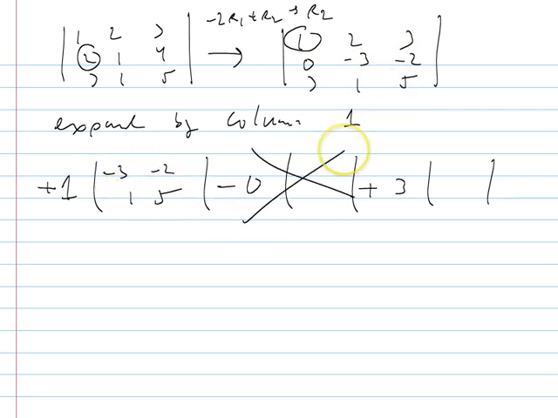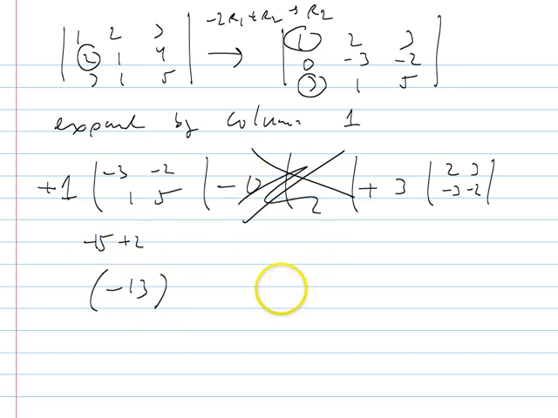This one with the 0 I don't have to worry about at all, so it saves me a little bit of time. And for this 3, if I remove the row and column that the 3 is in, I get 2, 3, minus 3, minus 2. So this saves me a bit of time. Minus 15 minus negative 2, which is plus 2, which is minus 13.